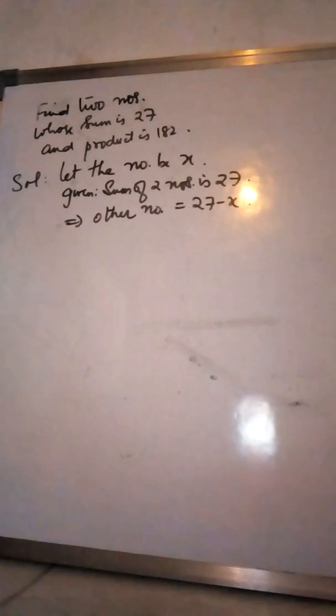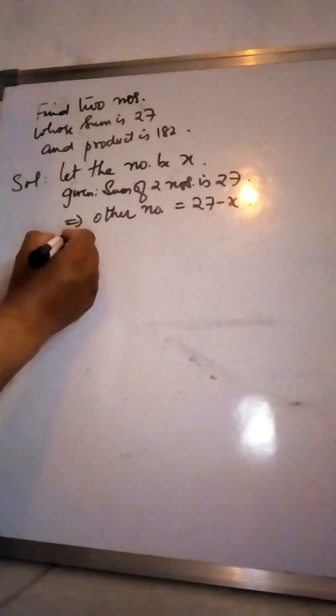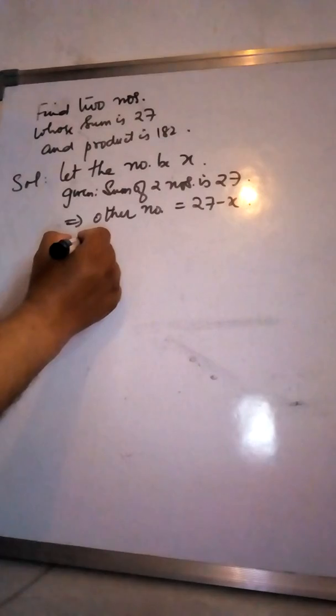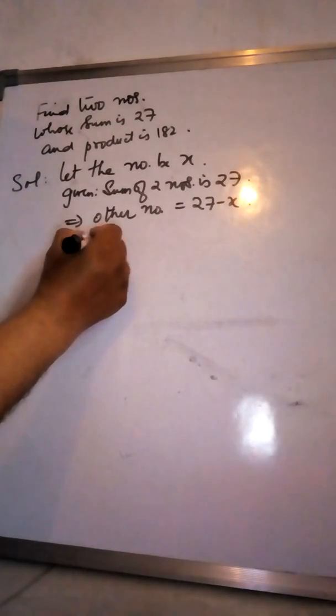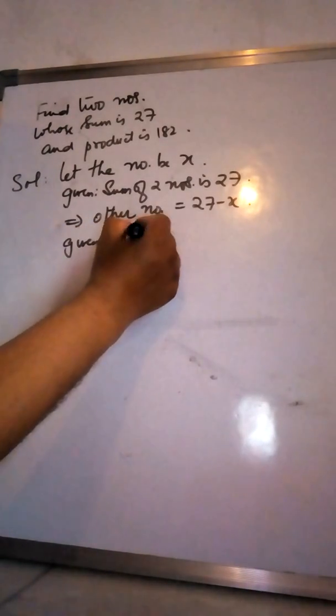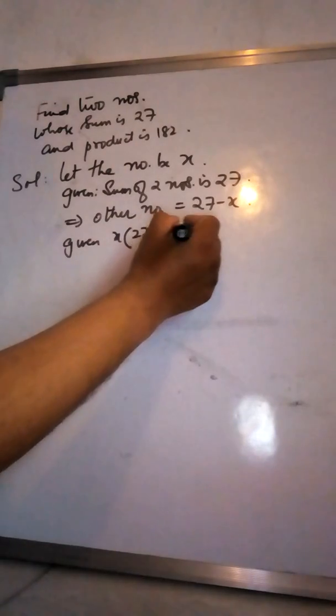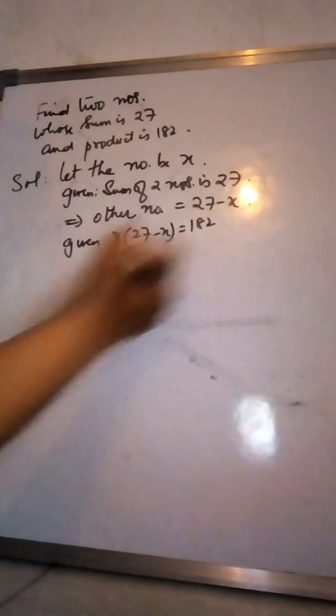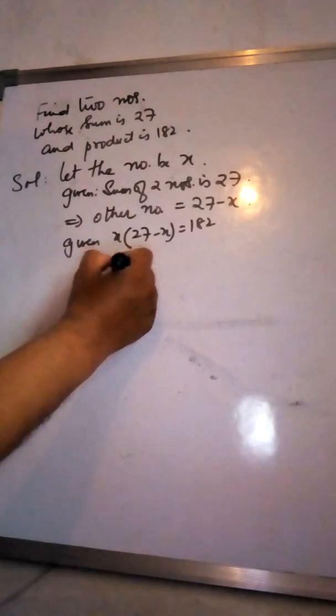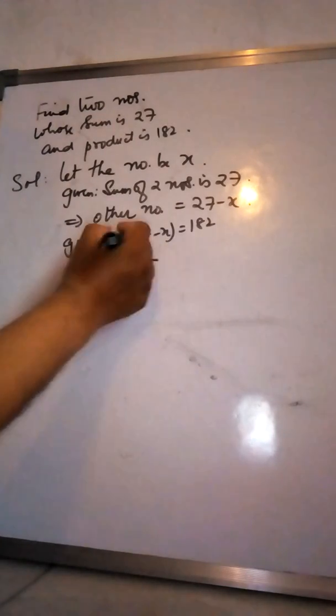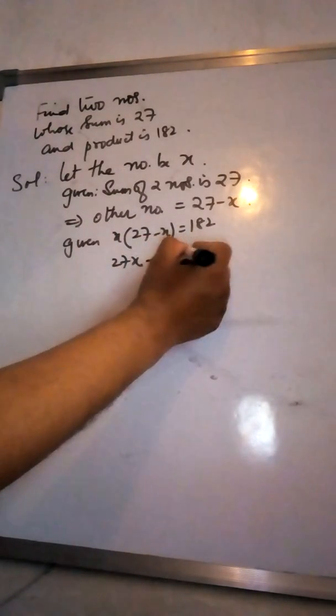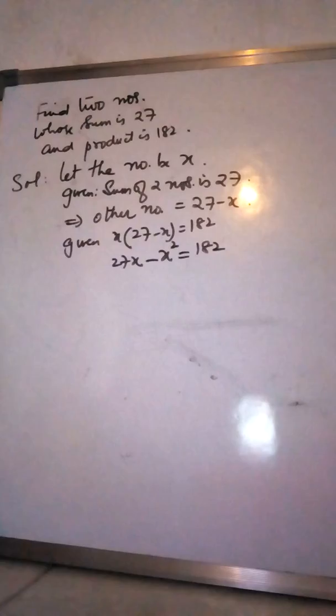The product of the two numbers is 182, so x into 27 minus x is equal to 182. Multiplying, x into 27 is 27x, minus x into x is x square, is equal to 182.